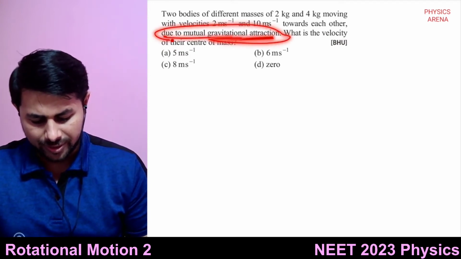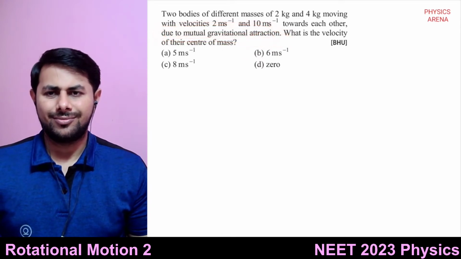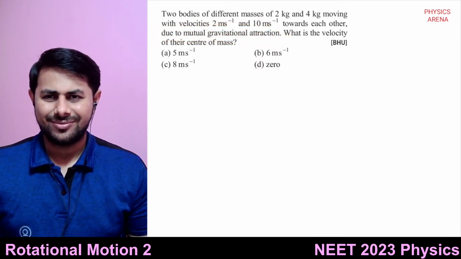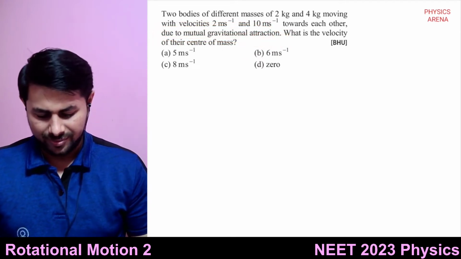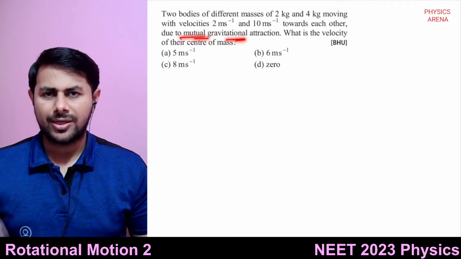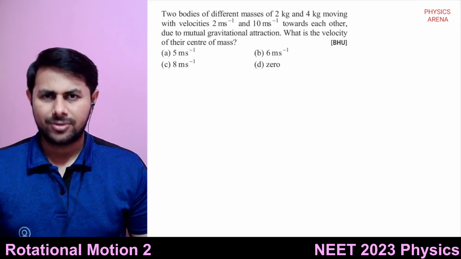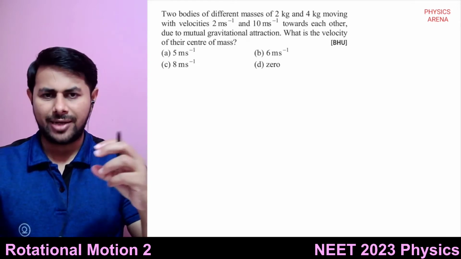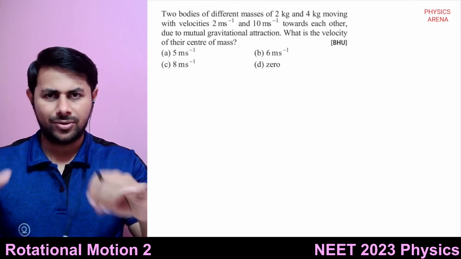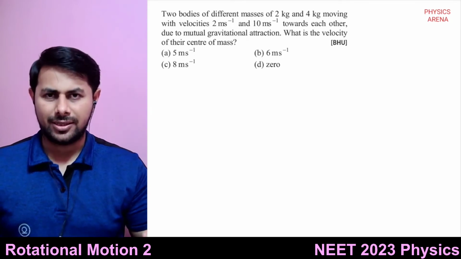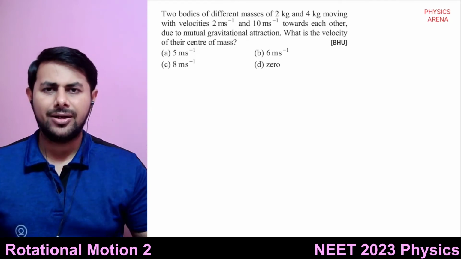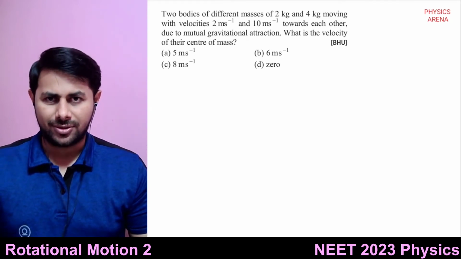This thing is important. It's not an external force. So initially they would be at rest, no external force is acting, and this velocity is gained by mutual gravitational attraction only.